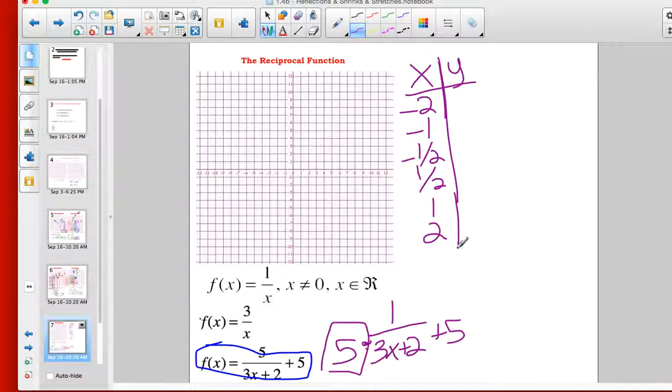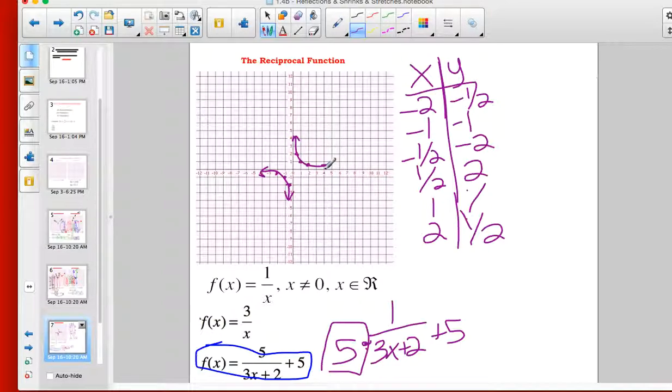And when you plug all of these numbers into 1 over x, which is the parent function, you get -1/2, -1, -2, dividing by 1/2, same thing as multiplying by 2, 2, 1, and 1/2. And so we can graph that. And we get that. Right, that's the parent.